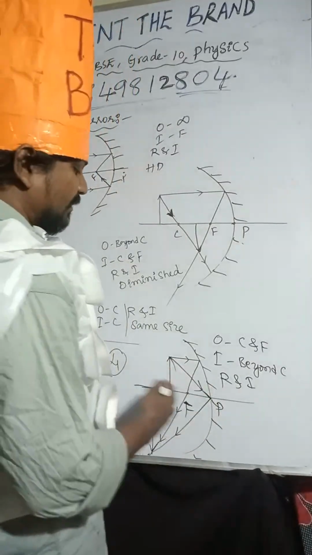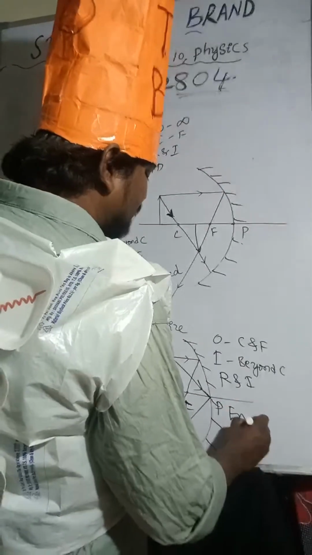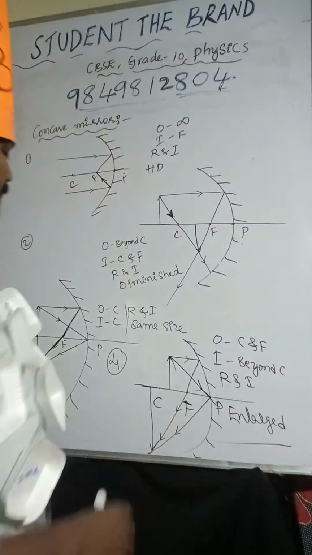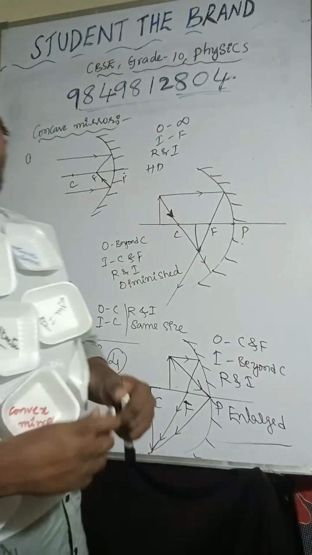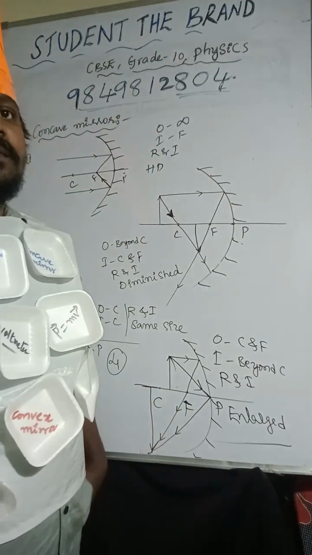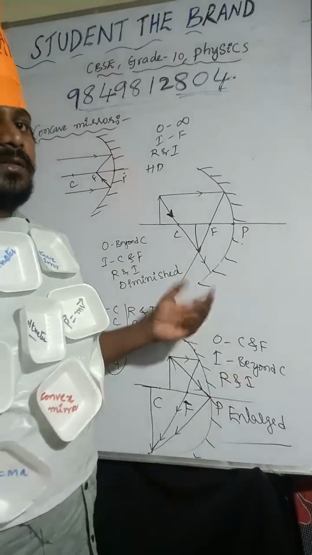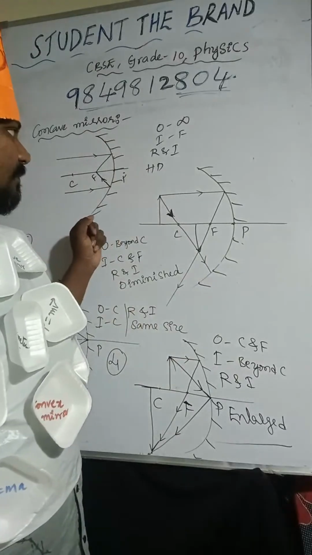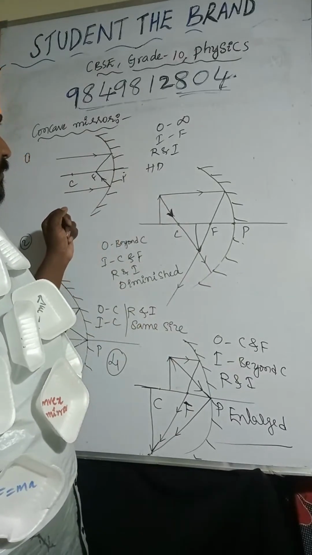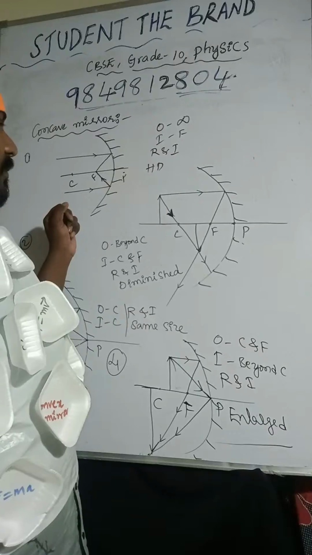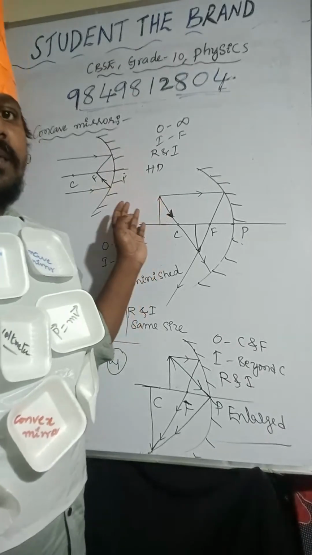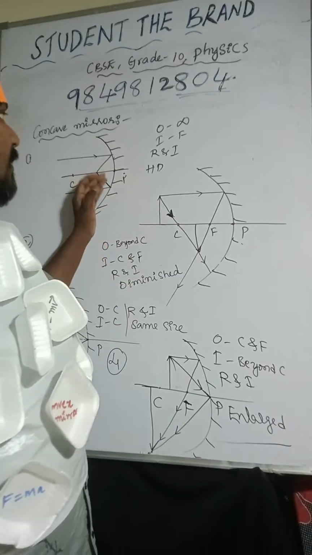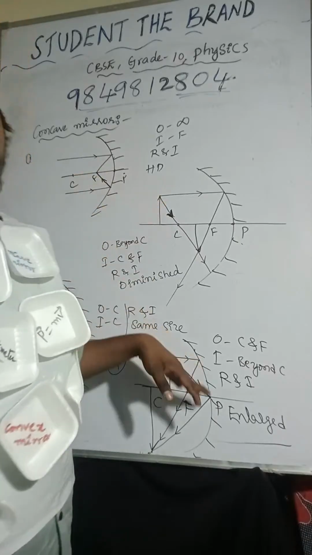Compared to the object, image size is increased, enlarged. Okay, so this is about concave mirror image formations 1, 2, 3, 4.